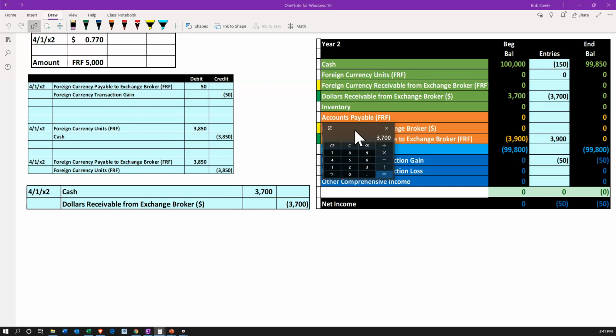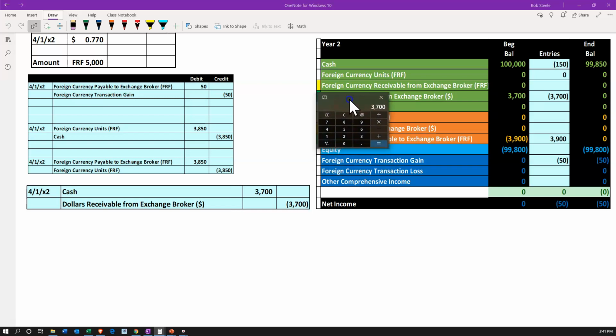So if we had purchased something, as we've seen in prior problems, such as inventory or equipment, and we're going to pay in foreign currency, and we have a payable in foreign currency, then we might want to set up the forward exchange to have the foreign currency receivable from the exchange broker in the foreign currency. Therefore, it provides us with the foreign currency we will need to pay off the payable, and it'll act as a counterbalance, because as the value of the currency changes, they'll be valued in opposite directions, right?